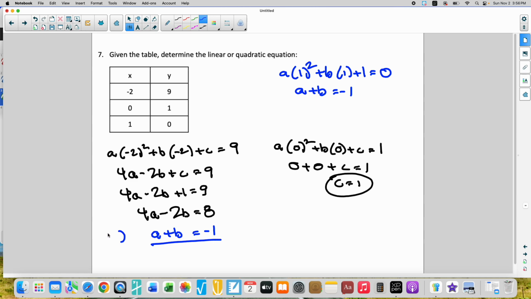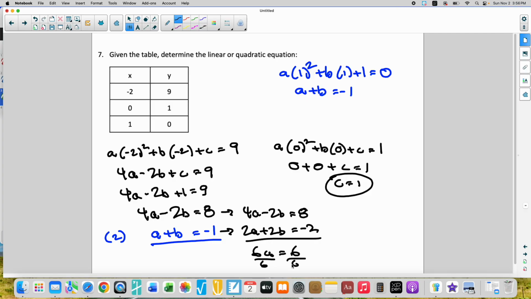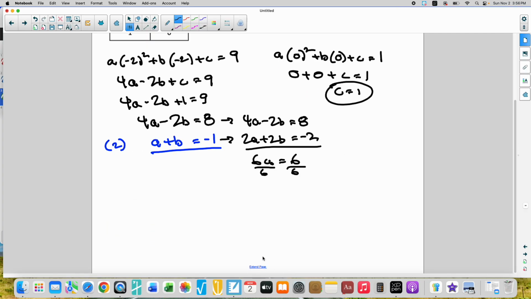Let's multiply this by 2. Taking those equations, 4a minus 2b equals 8. This now becomes 2a plus 2b equals negative 2. Let's add them. 6a, these cancel, equals 6. Divide by 6. A is equal to 1. And let's use this equation.